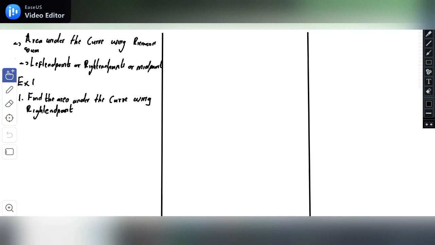And then we are given a function, which is y equals x squared plus 1, right? And then we have the 2 points, 0 and 2, or you can call them limits. And then we have n, which they mostly call strips or the number of rectangles, right? So this is the information that we have, and we are asked to calculate the area under the curve using the right endpoint. So solution.